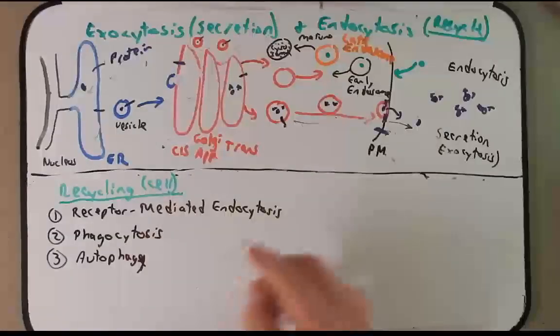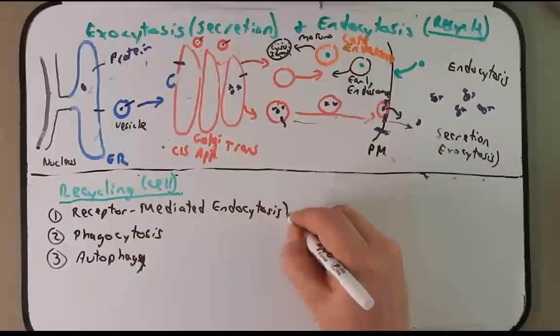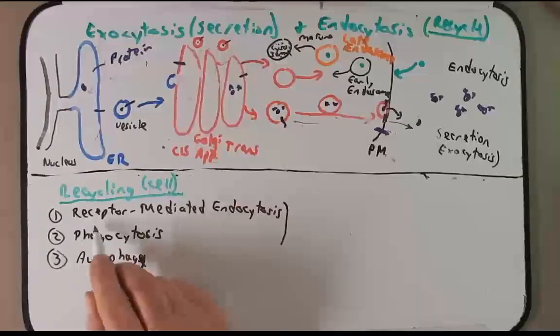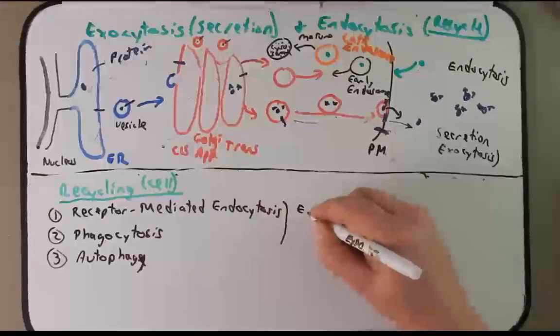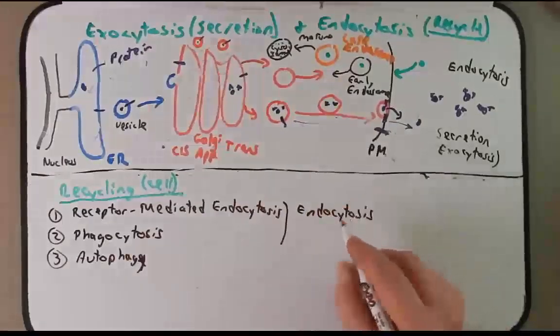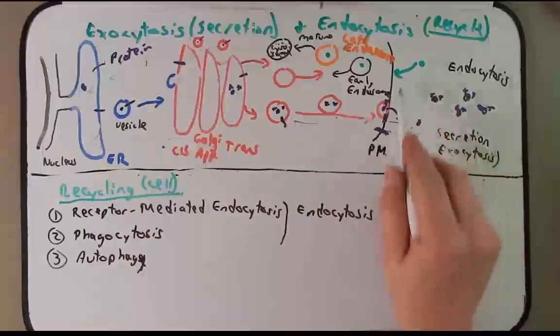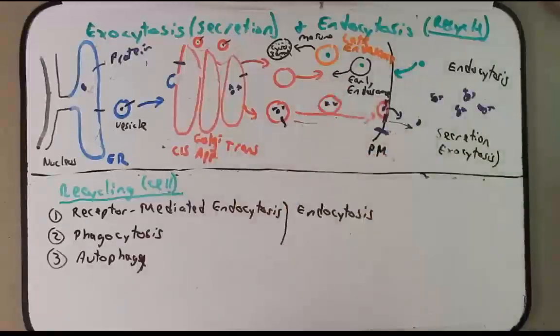I'm going to spend a little bit of time talking about these, but these first two, phagocytosis and receptor-mediated endocytosis, are examples of endocytosis, which simply means you're bringing something from outside of the cell into the cell.